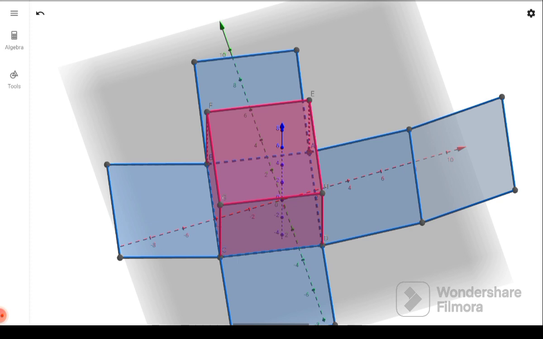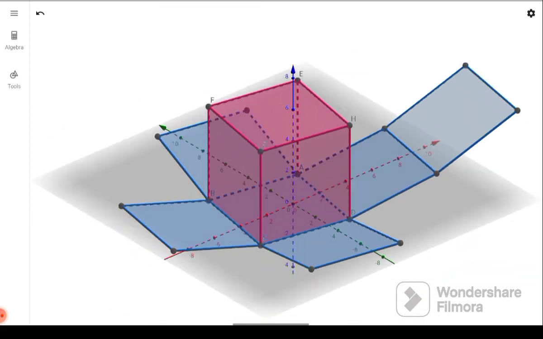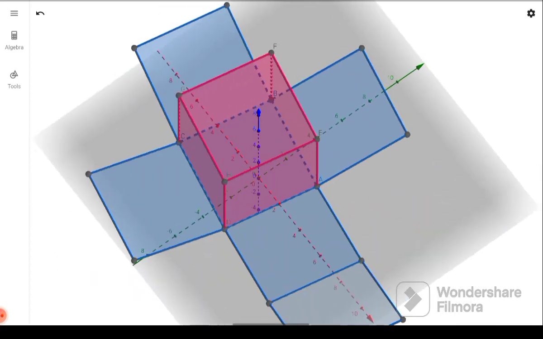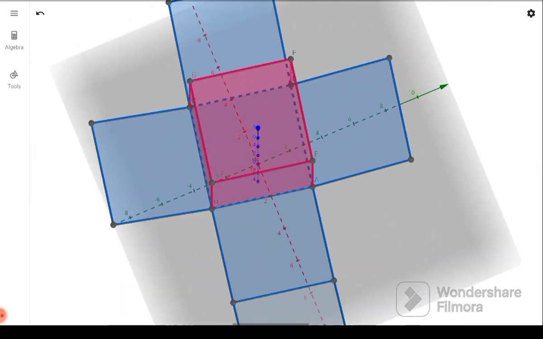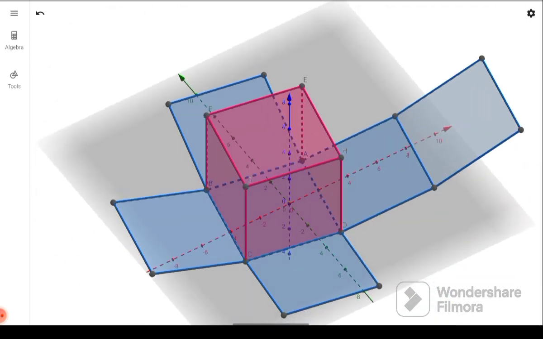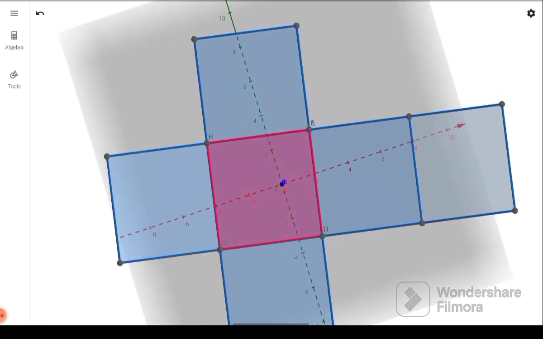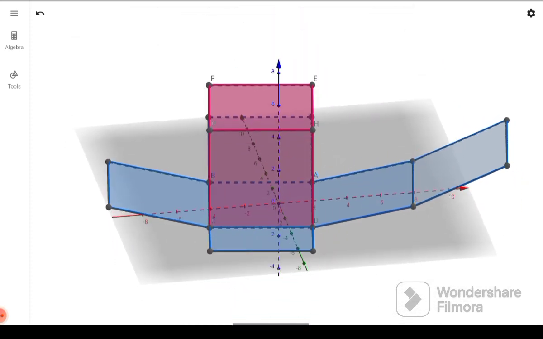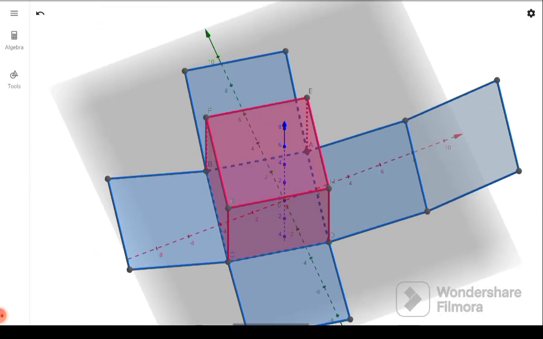I'm just showing you the 3D concept. If you see the network of the cube and cuboid, you can see this type of 6 surfaces. If you take a cuboid, then the surfaces will be rectangular in shape, and at least 2 surfaces may be square in shape.